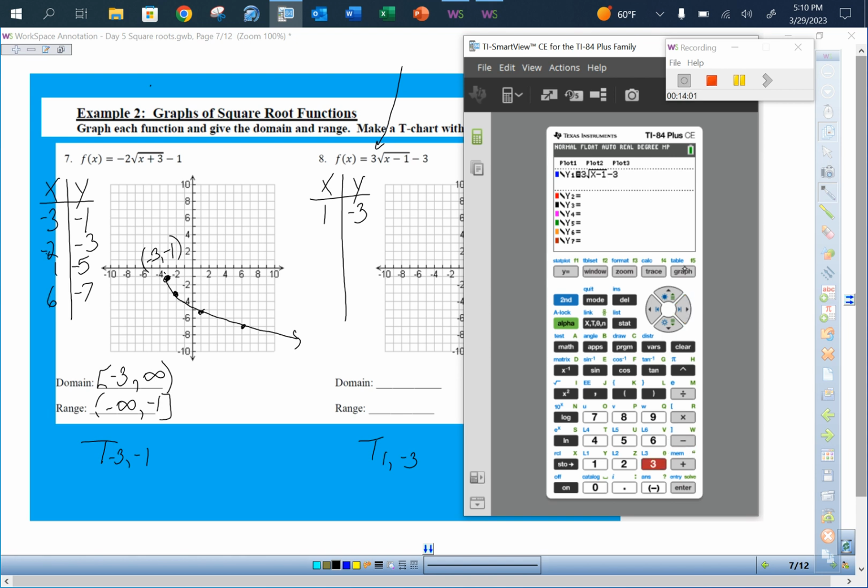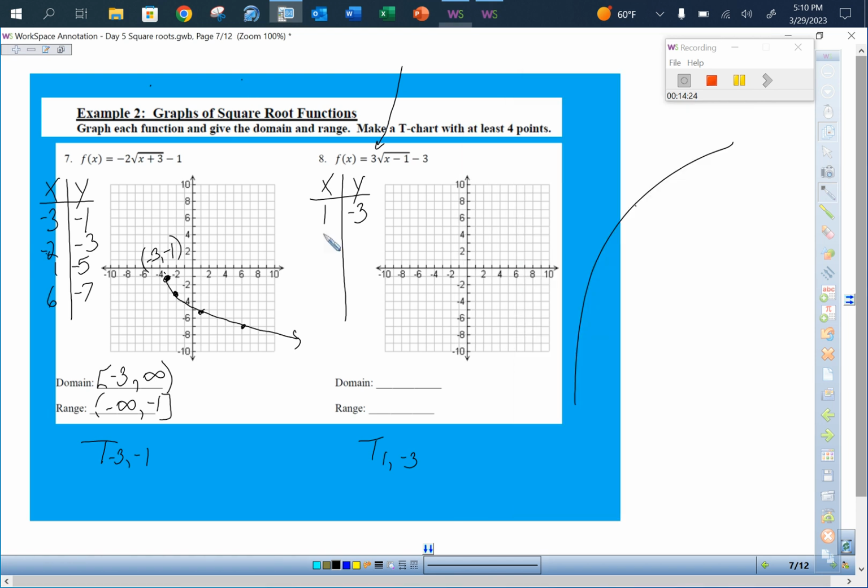Let's peek at the graph. So that's where we should be in a second. Second table, put 1 at the top. And there's the numbers I like. 1, -3, 2, 0, 5, 3, 10, 6.